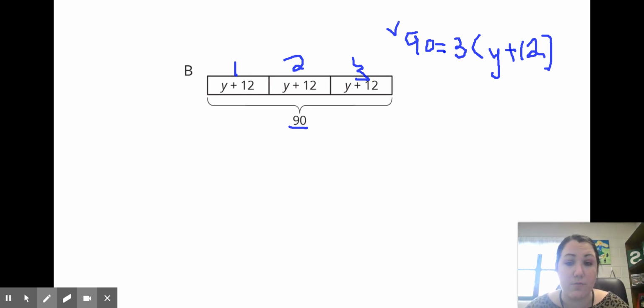Now I've got to write a story for it. Like I said, I know I have 90 total, and I know I have 3 groups. So I'm actually going to start with the groups part. To me, the groups is probably the easiest to deal with. So I have 3 groups. Instead of groups, let's use friends.